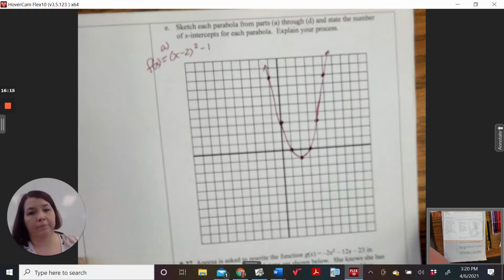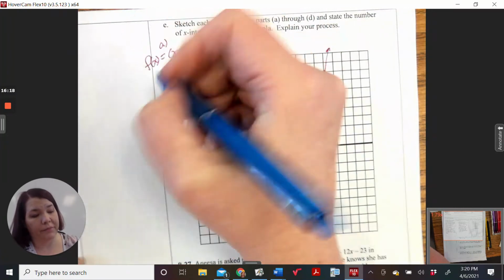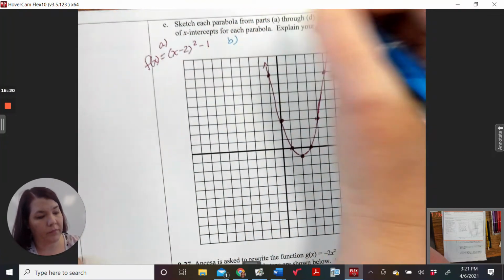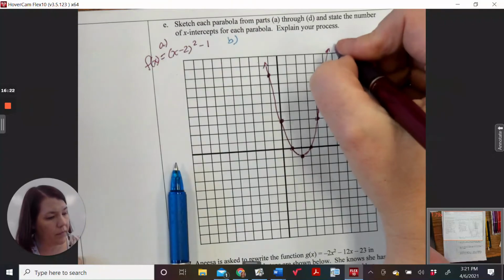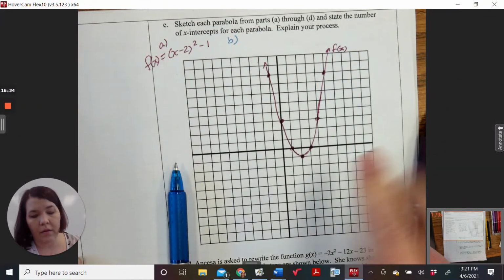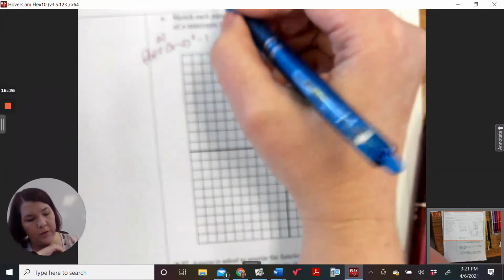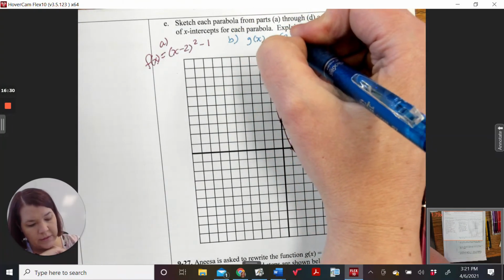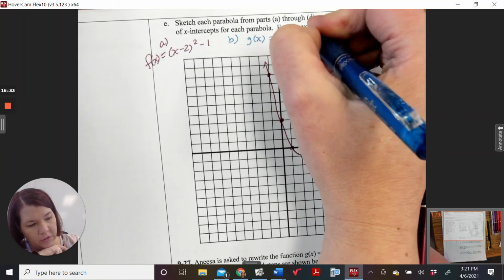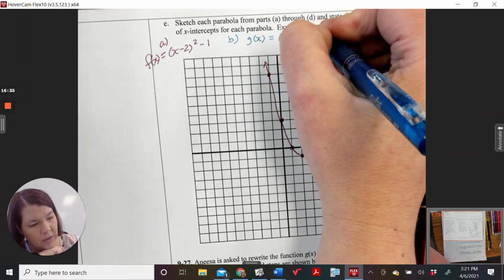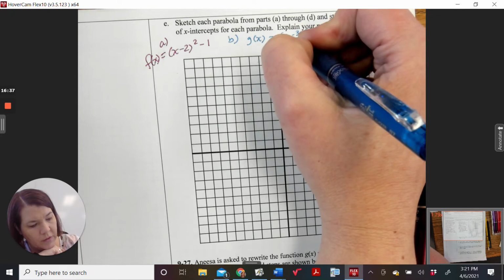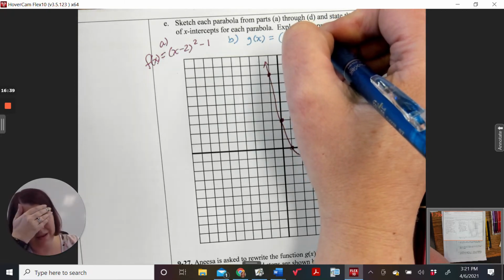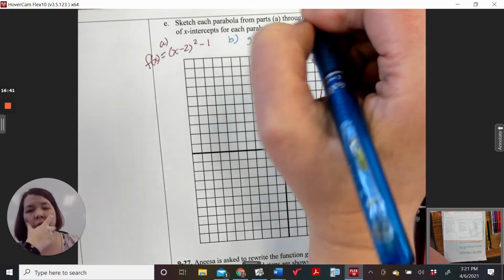Okay, so there's that. B. B is g of x equals parentheses x minus 3 divided by 2 squared minus 29 over 4. So that's 1.5 and negative 7.25.